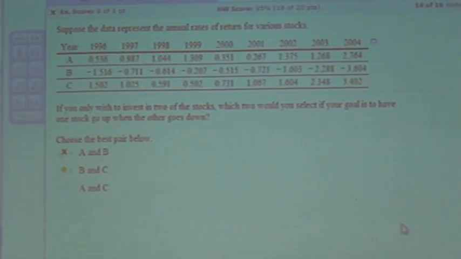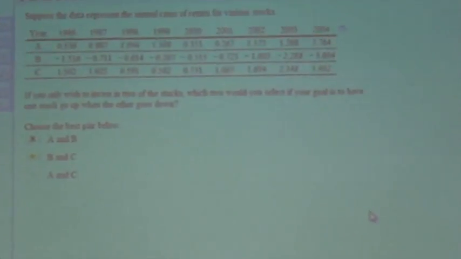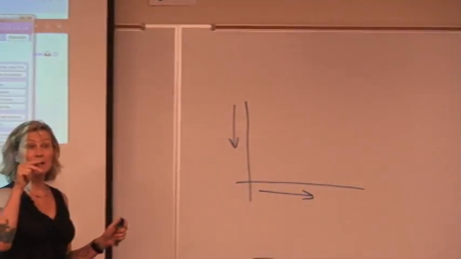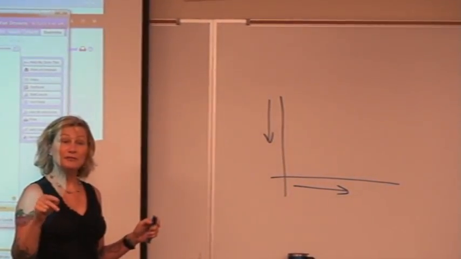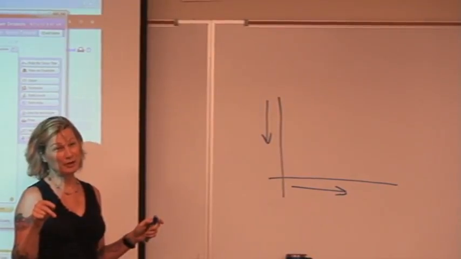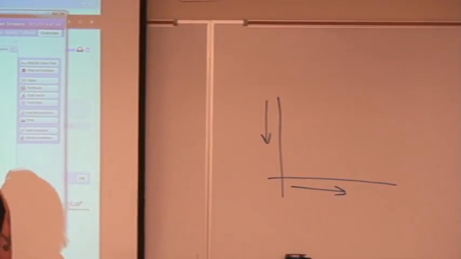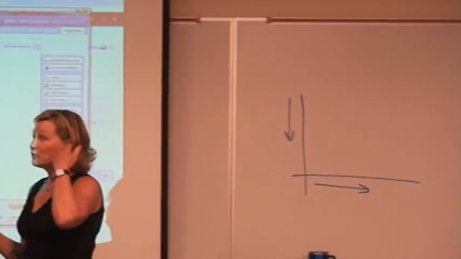So we're looking for some kind of a negative linear relationship. I think we'll look at R values for each group of 2, and based on that we can decide which pair is better. We can do it with R values too.